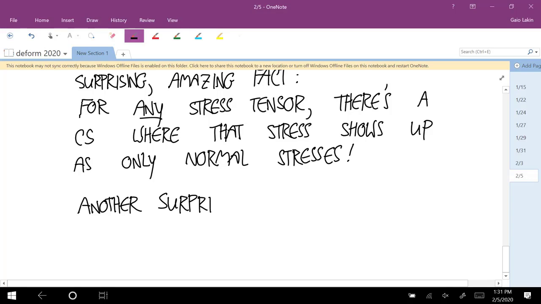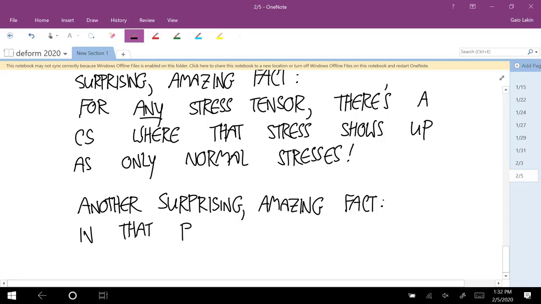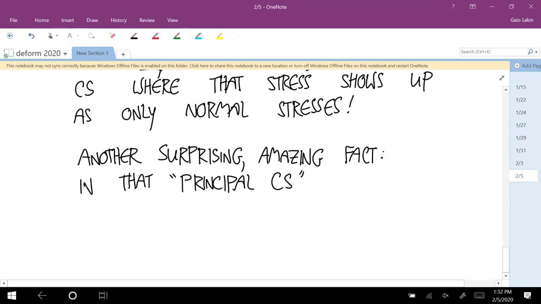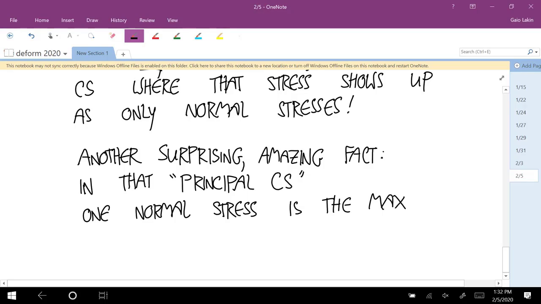But there's another surprising and amazing fact. In that principal coordinate system, one normal stress is the maximum you can find anywhere, the maximum you can find with any coordinate system.